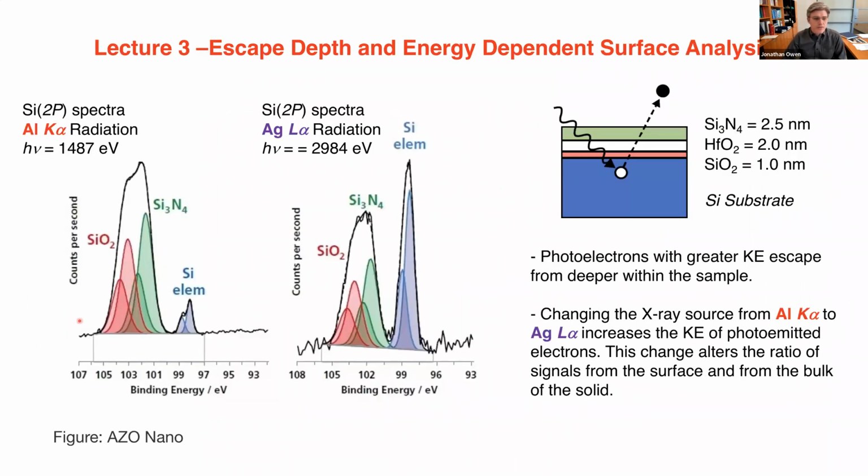So here's an example of that, looking at a silicon wafer. So here's a diagram of that sample. There's a silicon substrate. You've got a nanometer of silicon dioxide. You've got 2 nanometers of hafnium dioxide and 2.5 nanometers of silicon nitride. Okay, this is a coating that goes on chips probably used to make transistors of some kind.